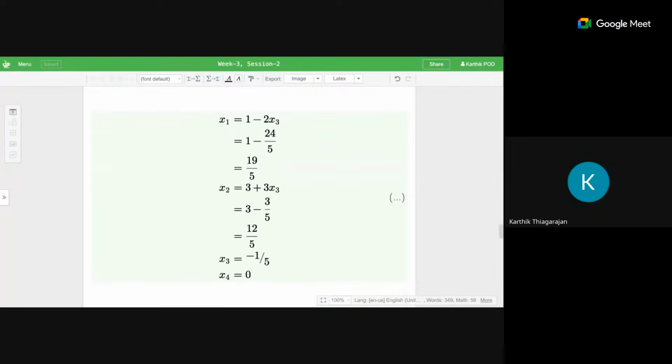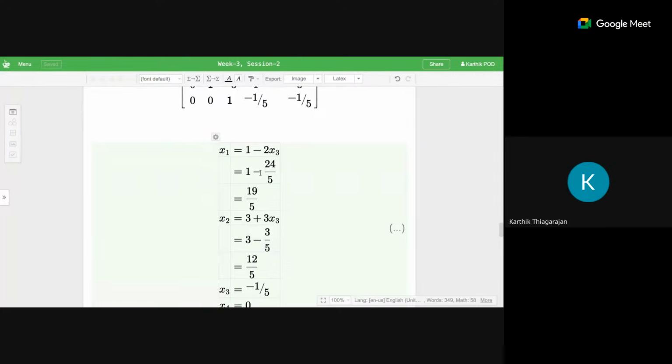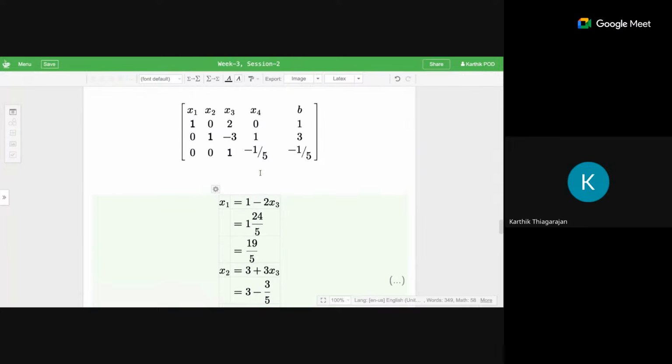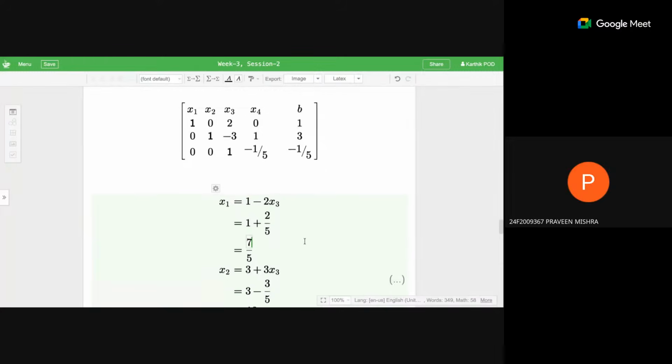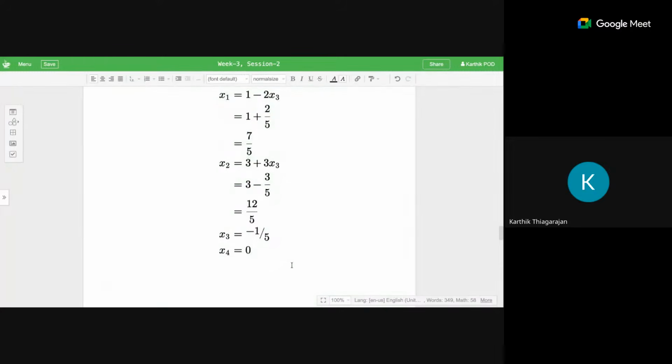Oh, x3 is negative, okay, yeah. Sorry. Why did I write 12 by 5? Oh, I was using x2. Sorry. So 1 plus 2 by 5, correct. This is 7 by 5, right? So we'll get rid of all the 5's in the denominator.